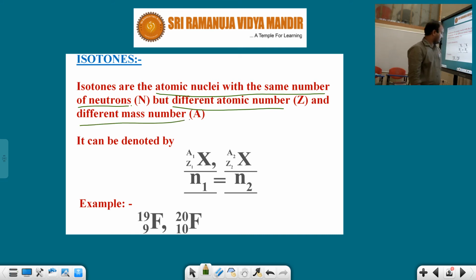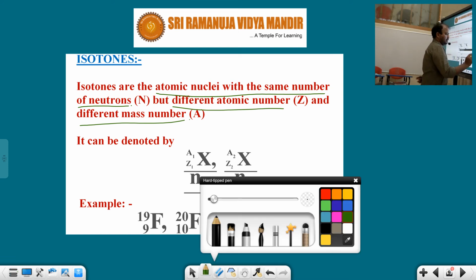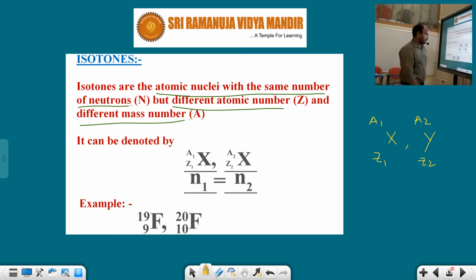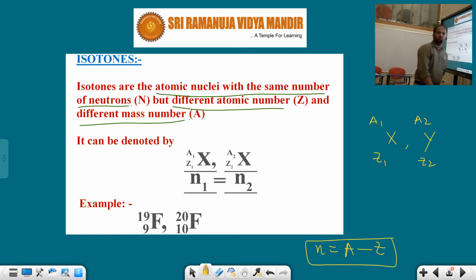I will explain this very easily. If you take two different elements, X and Y, they have different atomic numbers and, of course, different mass numbers. In the previous lesson I explained how to calculate the neutron number. The difference between the mass number and atomic number is called what? The neutron number.